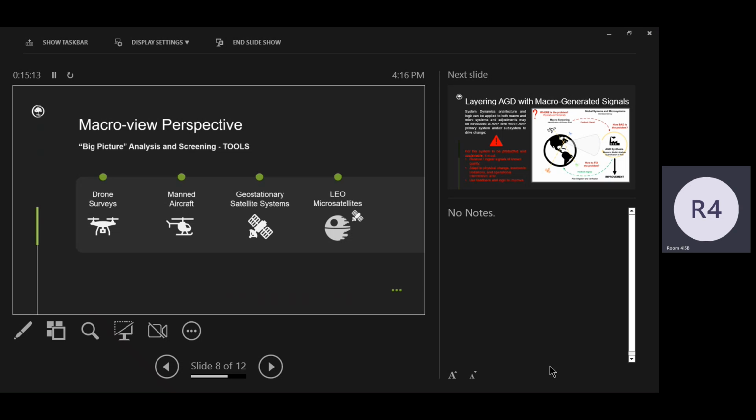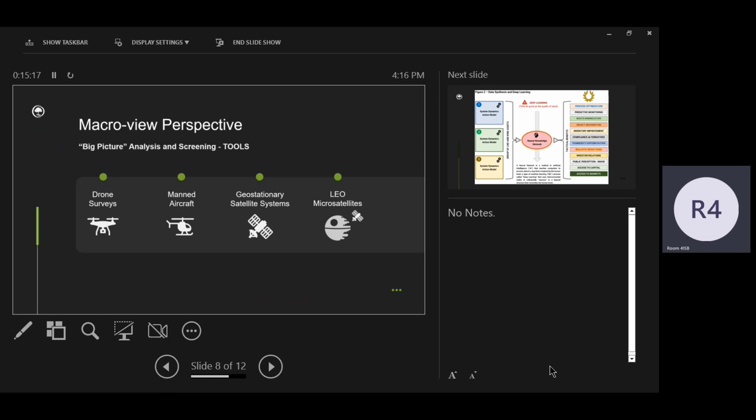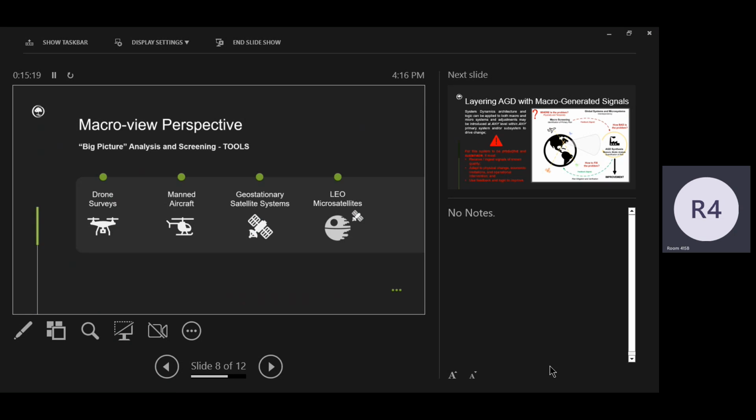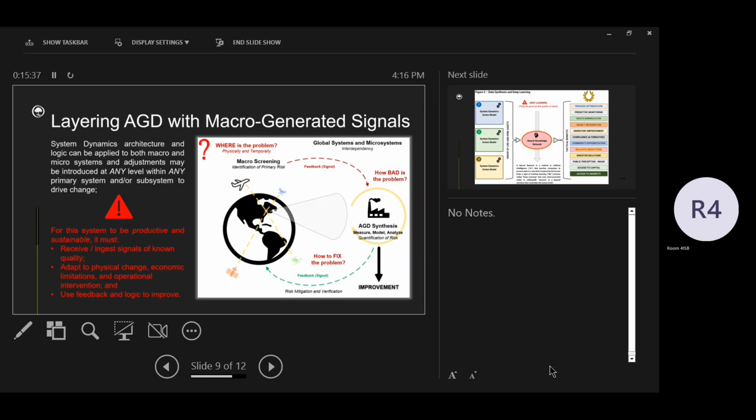But in a systems dynamics model, all of these are signals that you're pulling from your operations. And you don't want to ignore any signal in a system that has a lot of moving pieces. You want to be able to pull in as much data as you possibly can.